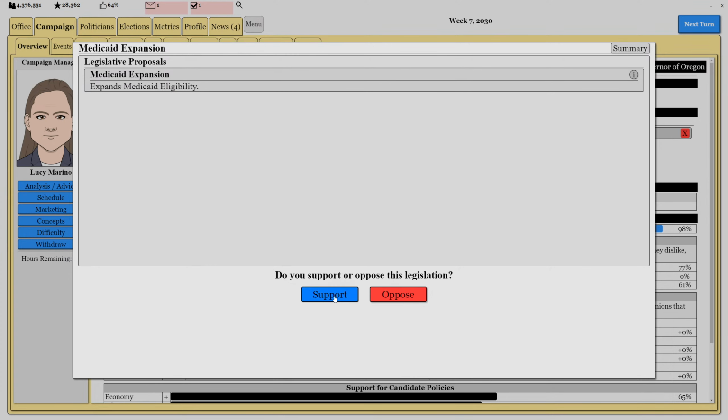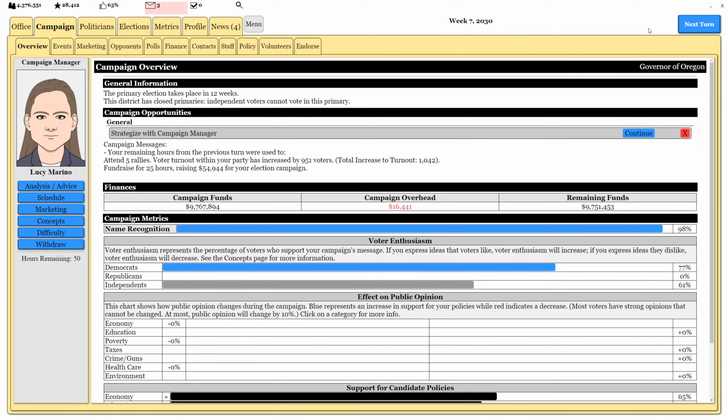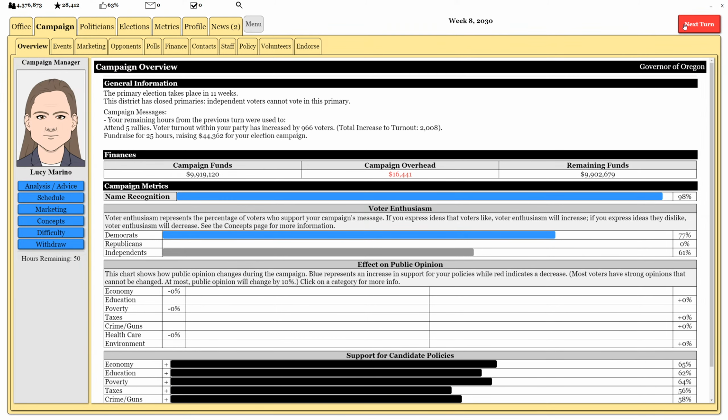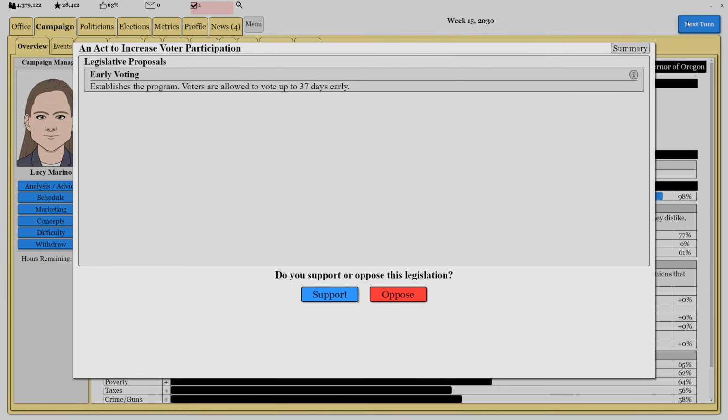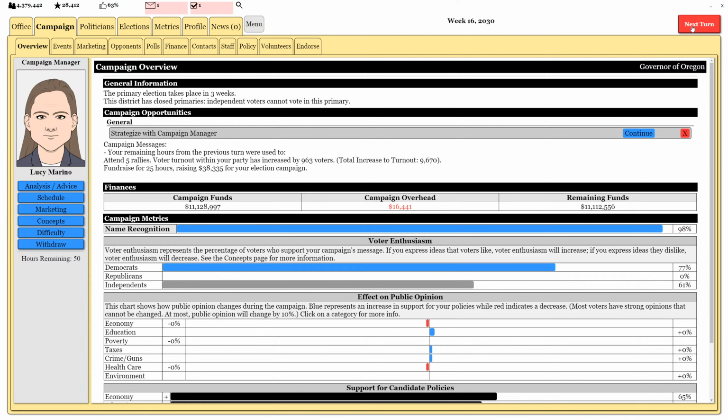Was it reduced? Early voting, 37 days early. Supports.